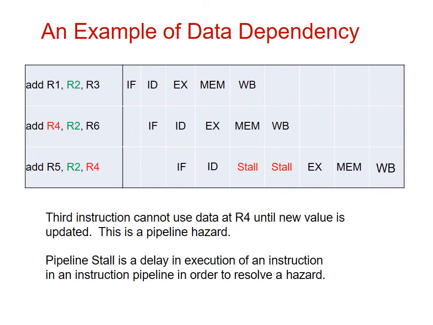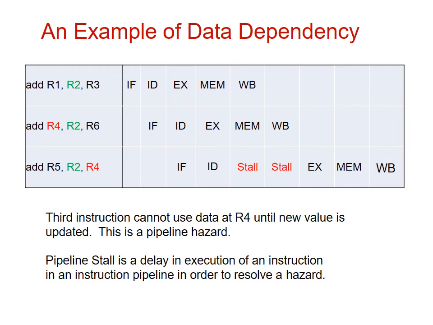Here is an example of a pipeline structure, and this example shows data dependency. If you follow, there are 3 instructions. The first instruction is add R1, R2, R3. That means R2 and R3 are added, and the result is stored in R1.